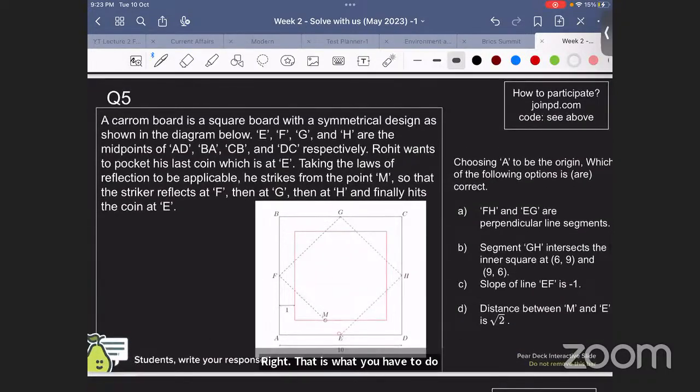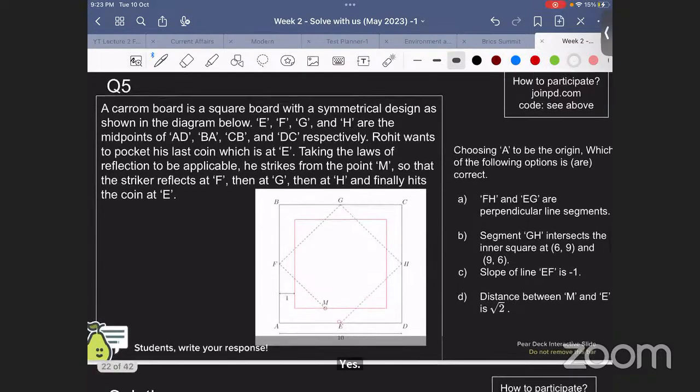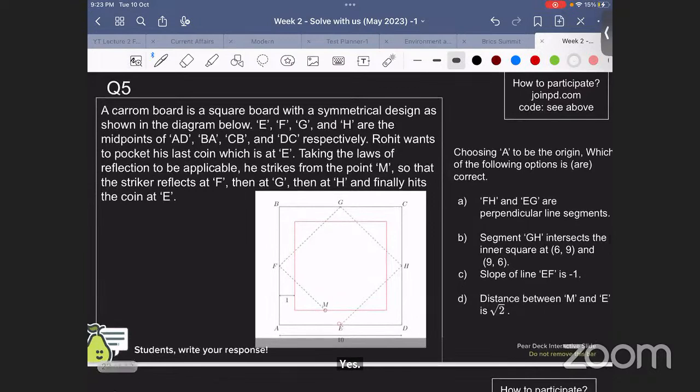Now let's say you have a carom board. Just read it carefully first and then I'll explain. Just read it from your side. I'll just have a sip of water. Till that time, you just read it.